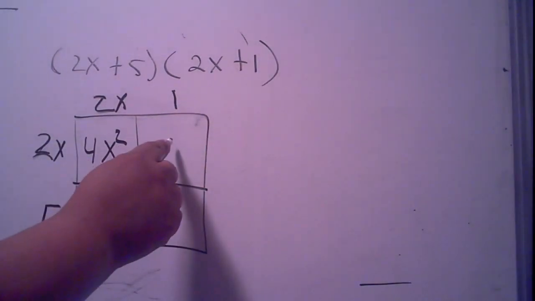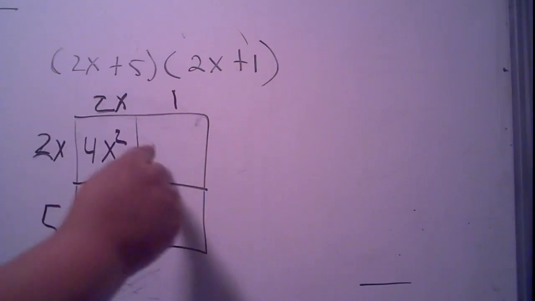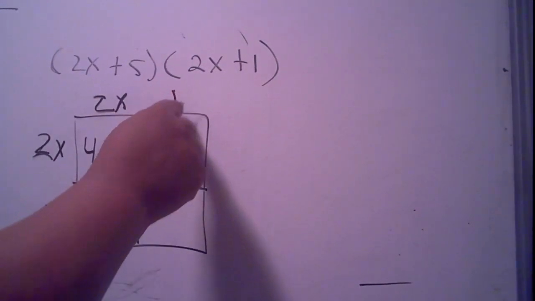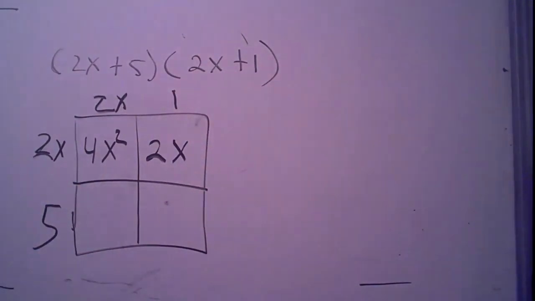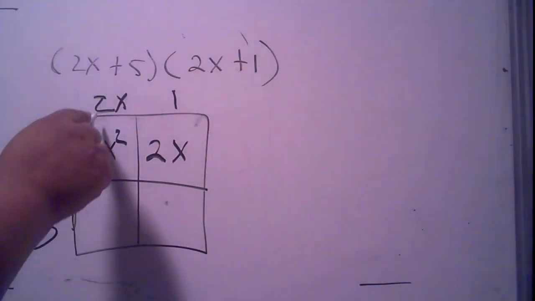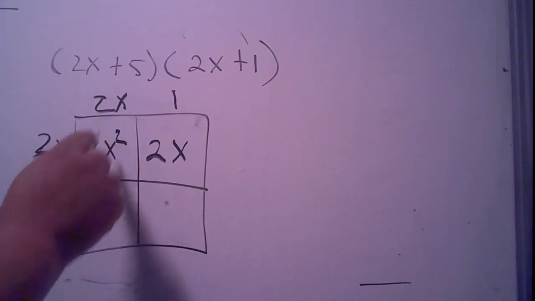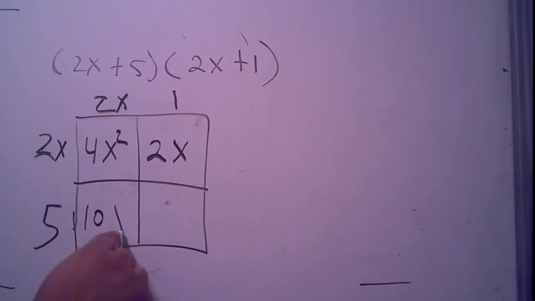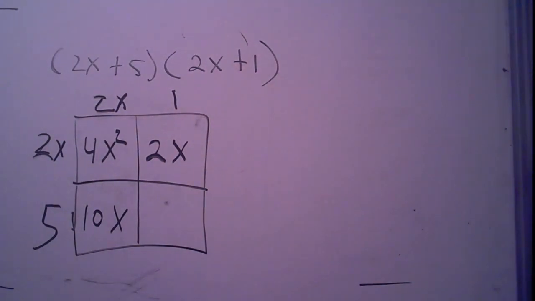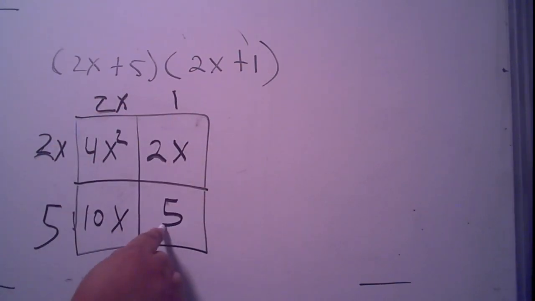Now to fill in the box here, 1 times 2 is 2x. There's no x here, so we just write it down. On the next step, we take 5 times 2 is 10, and then we have an x, so we write an x. On the next step, we multiply 5 times 1 is 5.